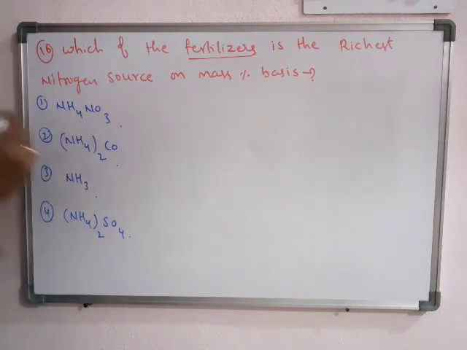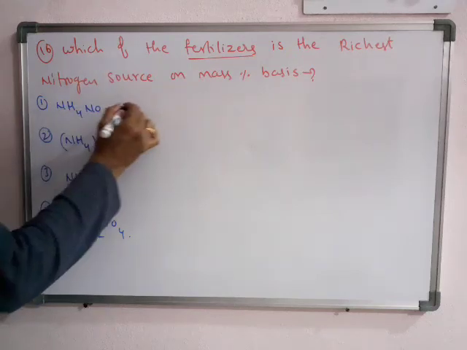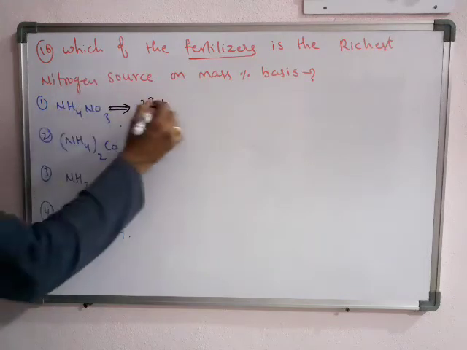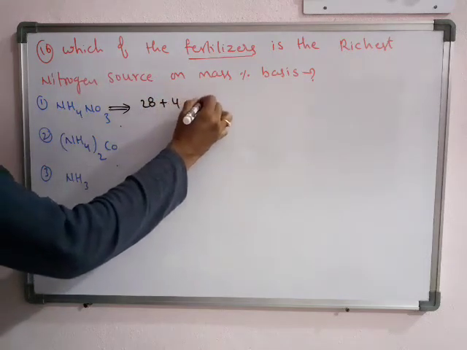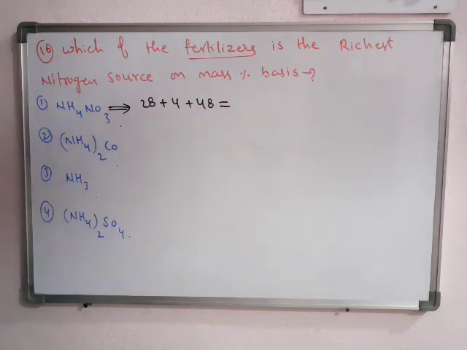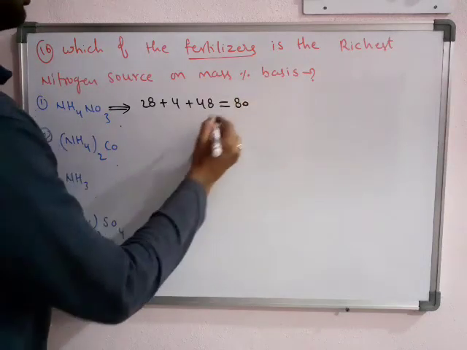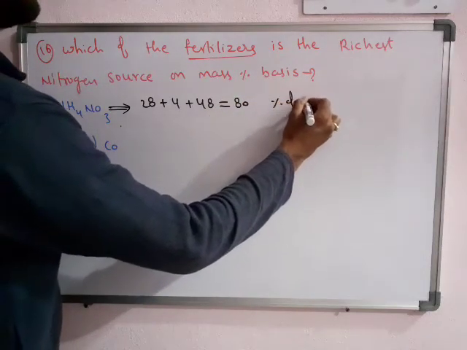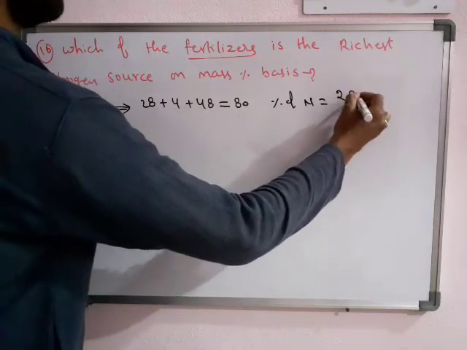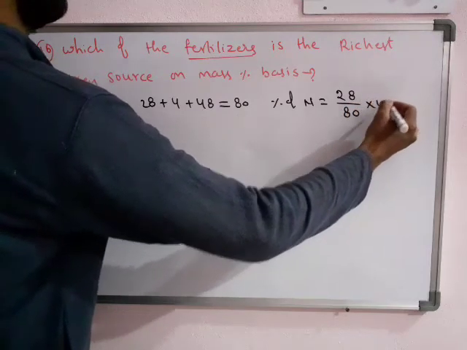Here there are two nitrogens, so 28. Four hydrogens, that's 4. How much are we getting? It's 80 grams, the molecular weight is 80. The percentage of nitrogen is the amount of nitrogen divided by the total weight, times 100.